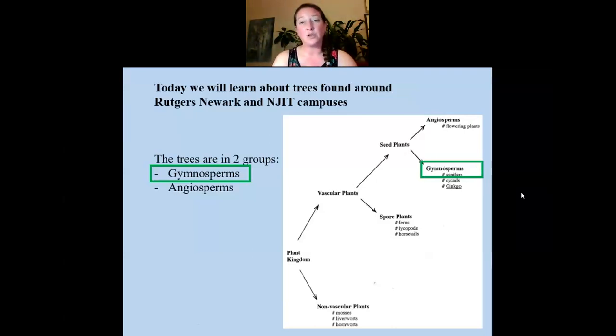The trees we're looking at that are gymnosperms are going to be examples of conifers. We'll talk about it. And then the other trees are going to be examples of angiosperms, which are flowering plants. As I mentioned before, the majority of plants on Earth that we know of are flowering plants. But gymnosperms, with the conifers, are an example of plants that I mentioned before that don't make flowers, which some people find surprising. I thought plants all made flowers, but no.